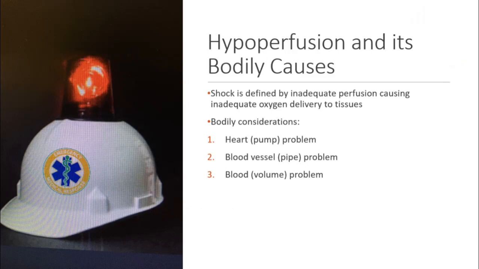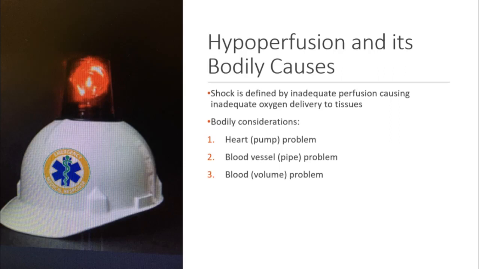So when we talk about shock, it's hypoperfusion. Essentially, it's inadequate perfusion causing inadequate oxygen delivery to the tissues. Essentially meaning that the tissues, organs, etc., aren't getting enough oxygen to them. And there are a couple things that we need to consider when it comes to the causes. Could it be a heart problem, which is a pump problem, meaning the heart isn't pumping out enough blood, or there's some kind of trouble with the heart that's not getting enough blood out to the rest of the body?